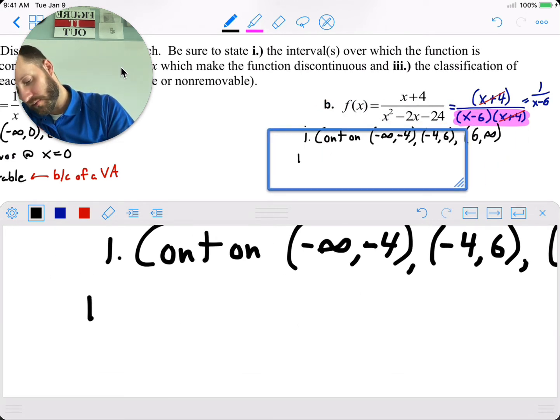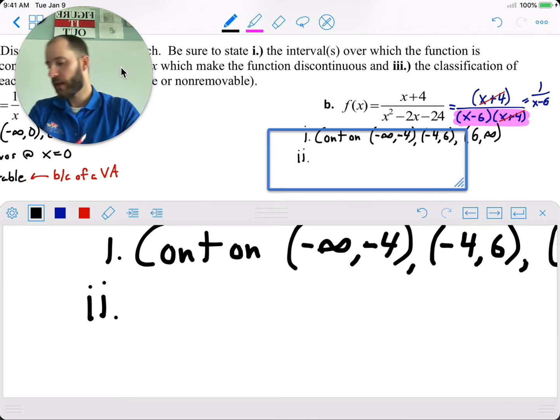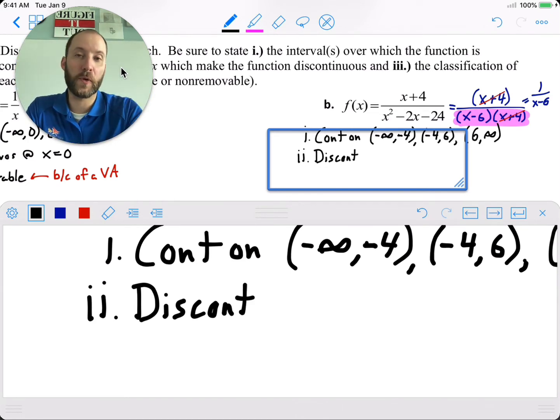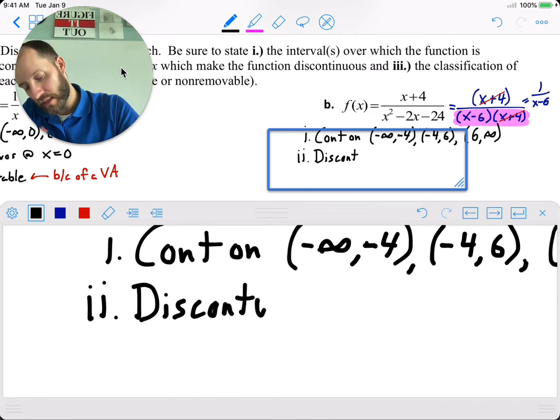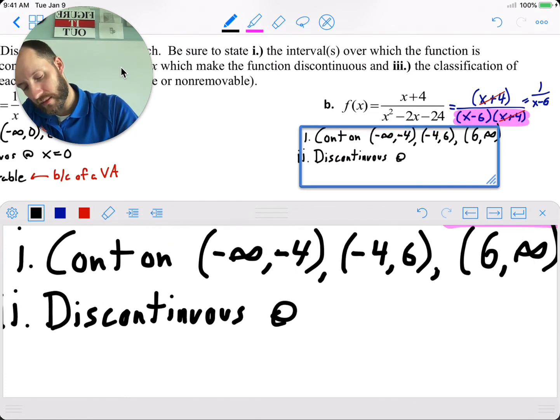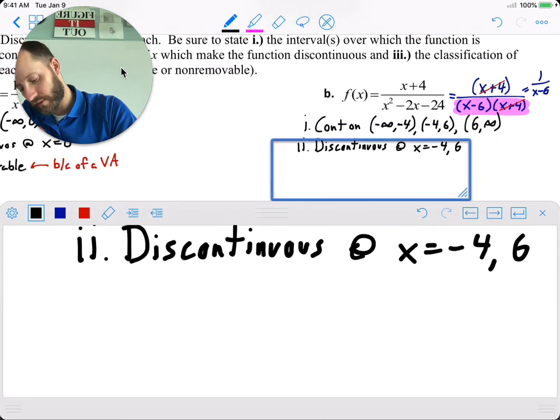Step 2, identify what x values make it discontinuous. We kind of had to do that already to address step 1, so really just formally writing it down. Discontinuous at x equals -4 and 6.